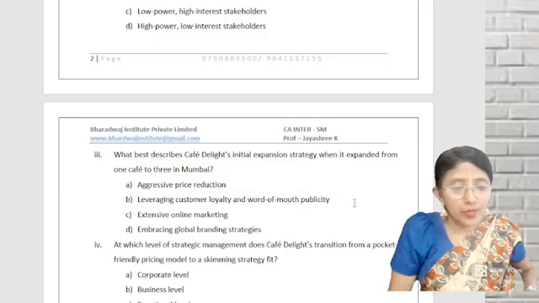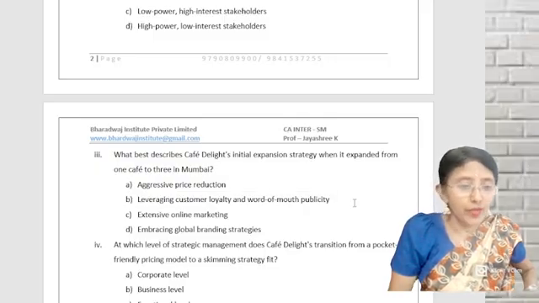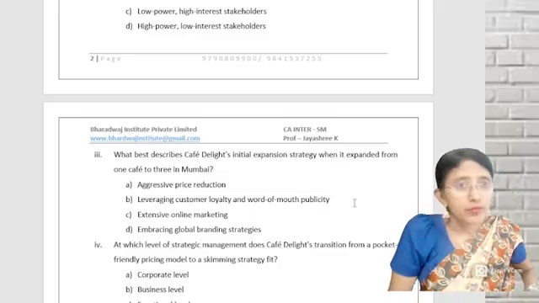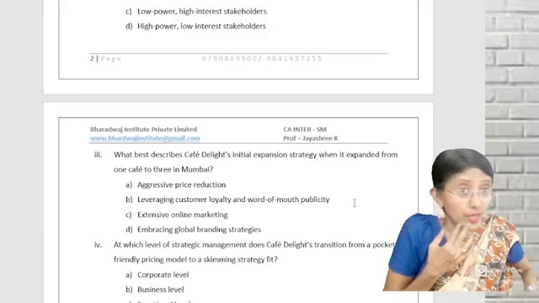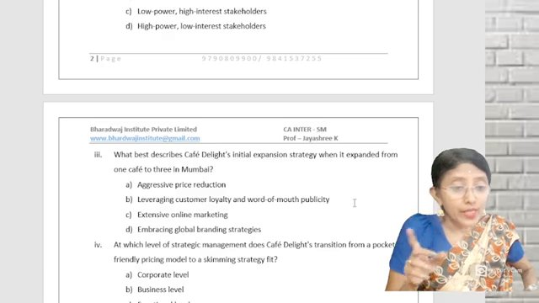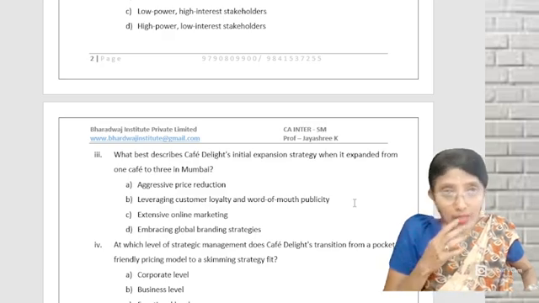Third one. What best describes Cafe Delight's initial expansion strategy when it expanded from one cafe to 3 in Mumbai?